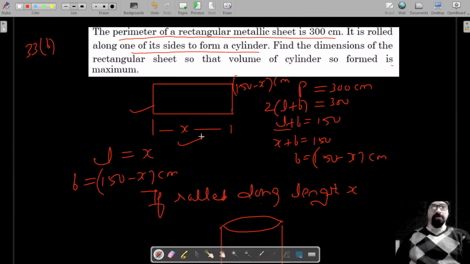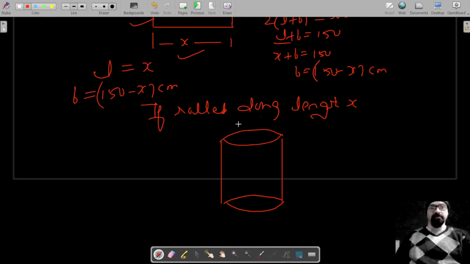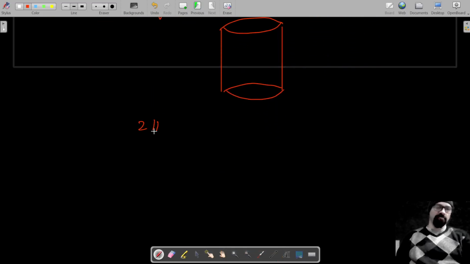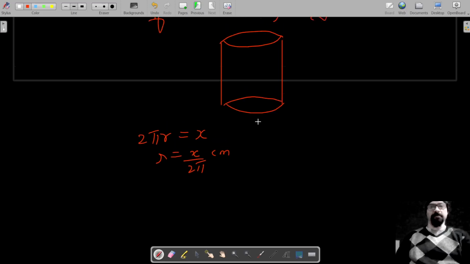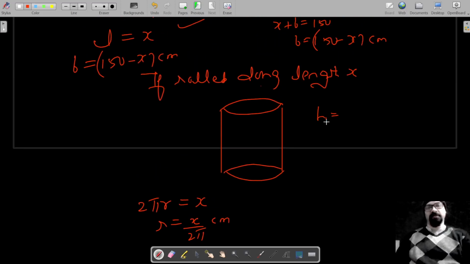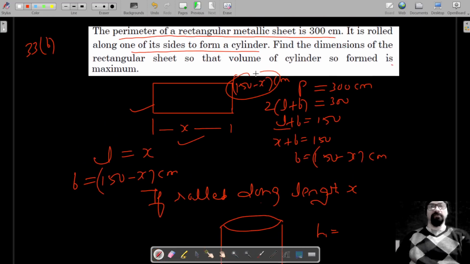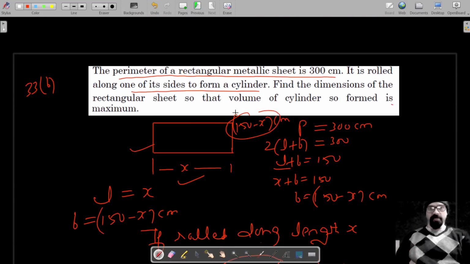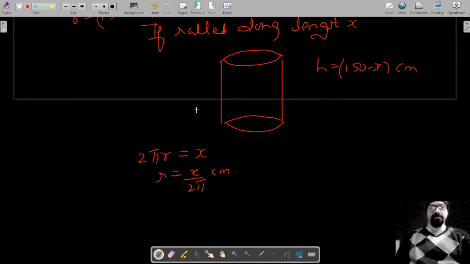Now, if rolled along x, the circumference of this circular top or base will be equal to x. So that means 2 pi r is equal to x, which gives me r is equal to x upon 2 pi centimeter. And the height of this cylinder becomes the breadth, so this will be the height, 150 minus x centimeter. Now we have to find the dimensions so that the volume of the cylinder is maximum.